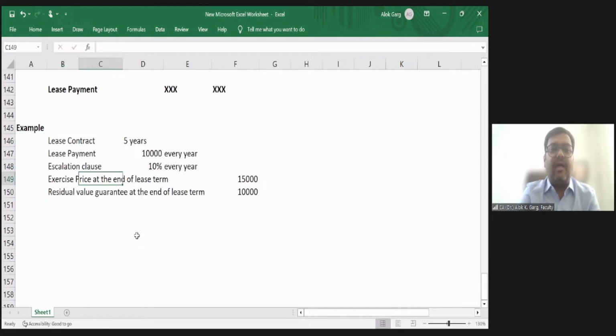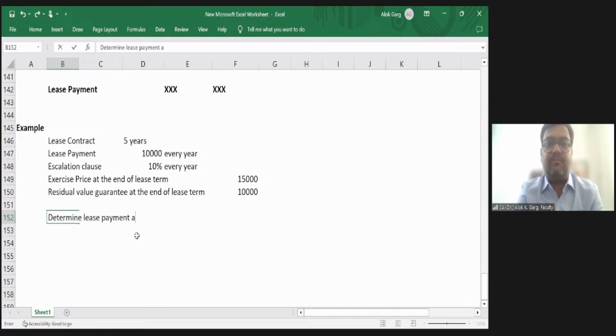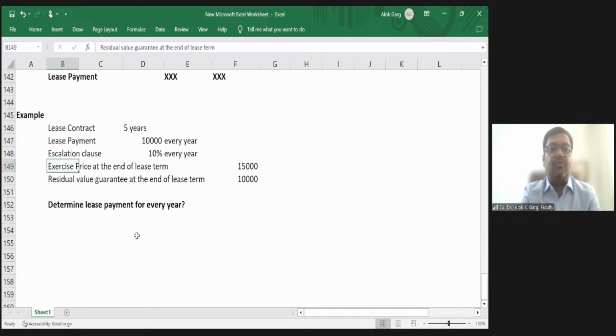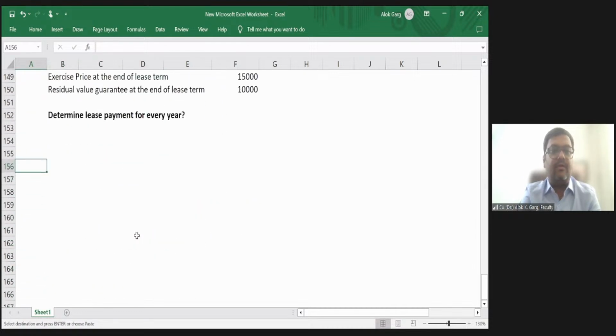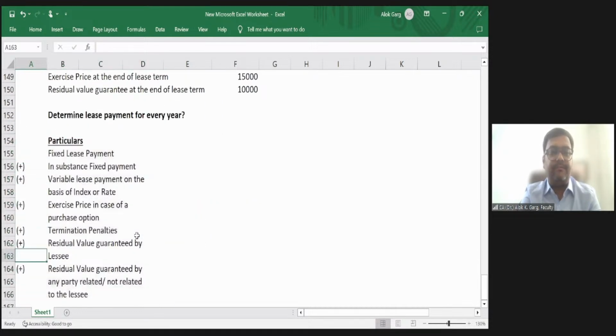So friend, now you have to determine lease payment every year. I'll copy this. These are the components of my lease payment from the lessee perspective.